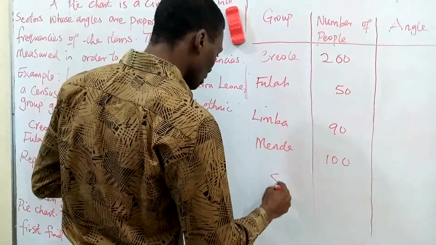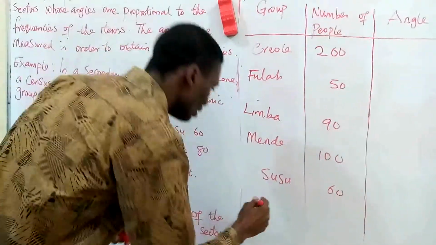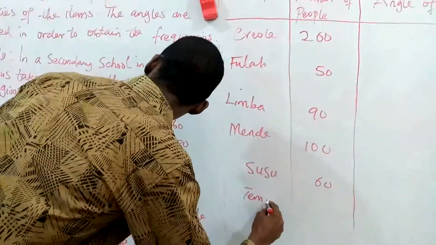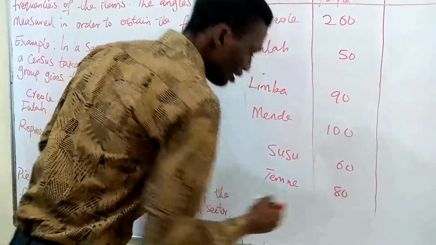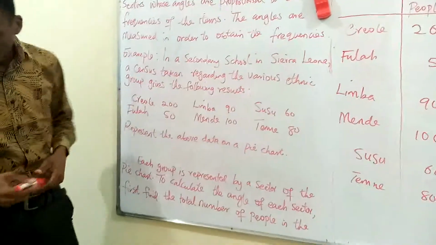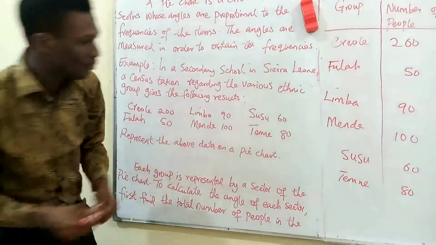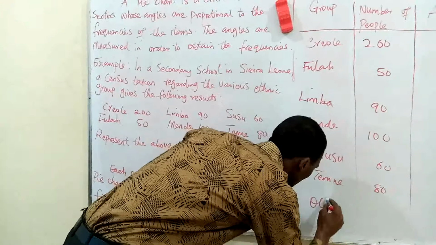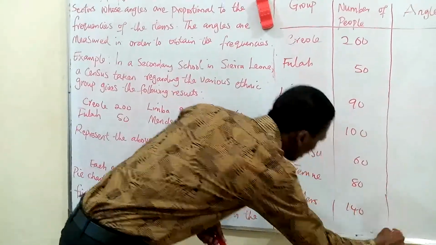For Susu, we have 60. Temne, we have 80. Is that all? And there are others too. Others is 140.